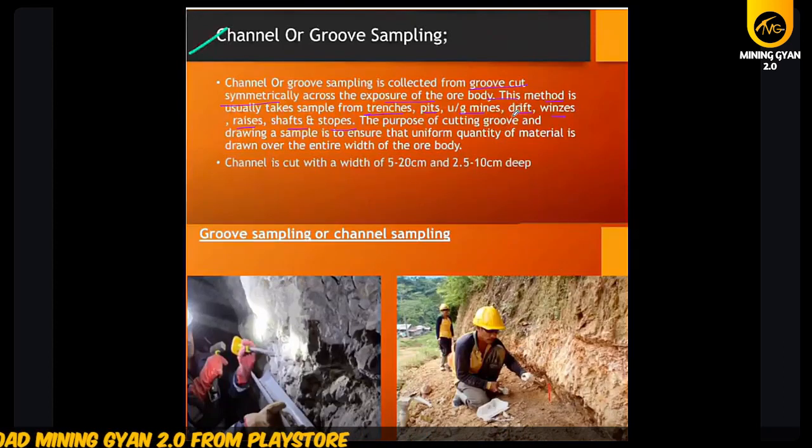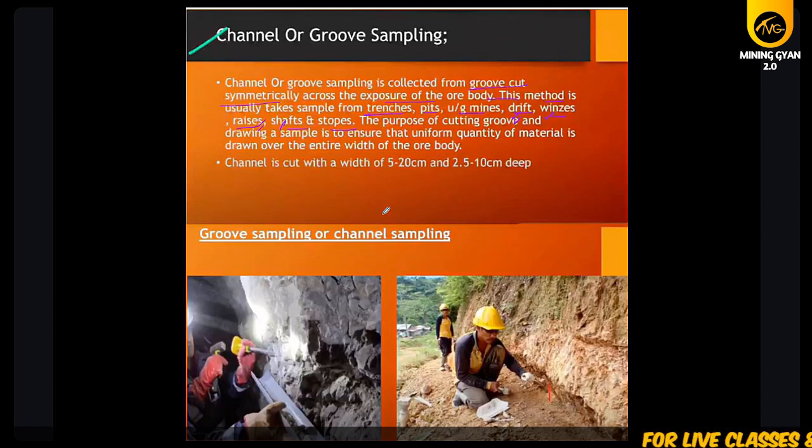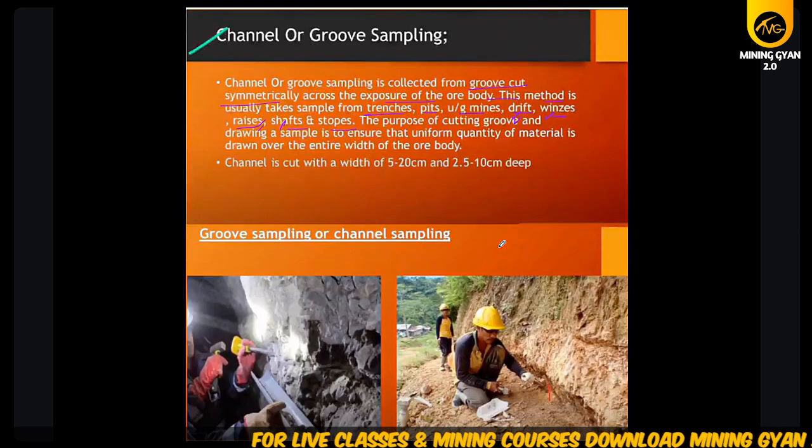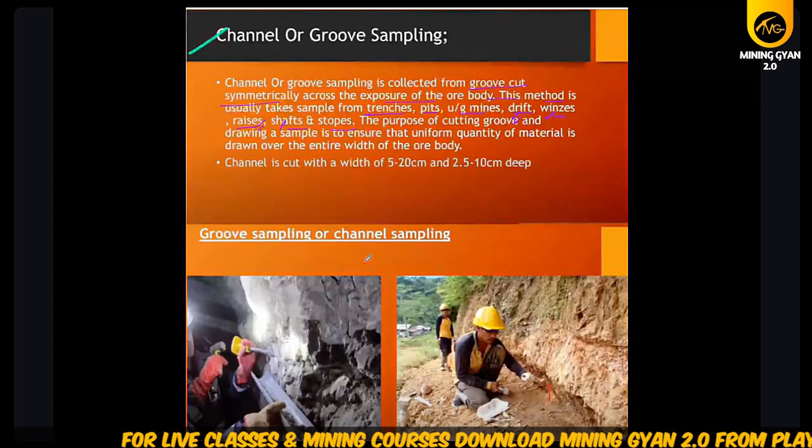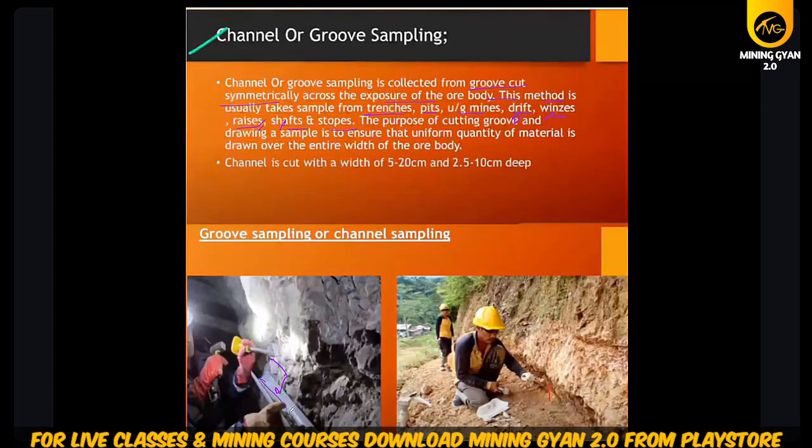I have already talked about what a winze is, what a raise is, what a shaft is. You collect the material from the various channels, and that will be known as channel sampling. Suppose this is your drift and you cut and collect the material and take it to the laboratory and find out the chemical and other properties.